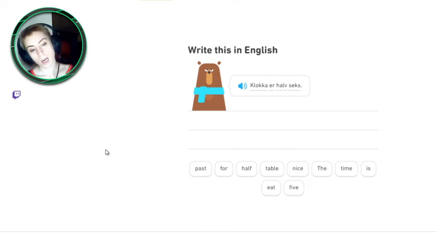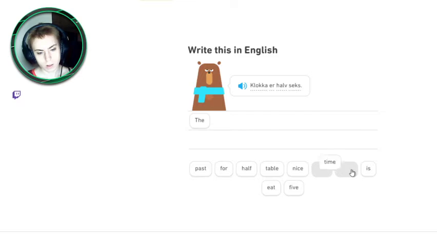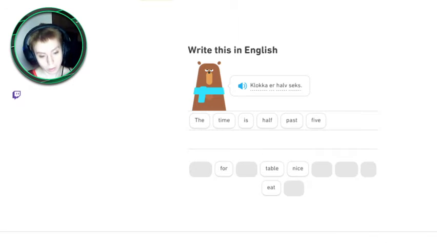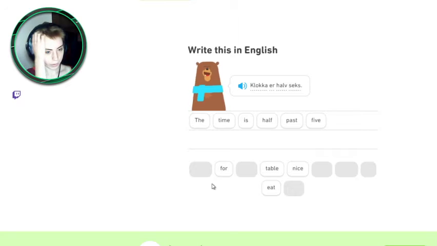Klokka er 5:30, Klocka är 5:30. The time is half 6, or 5:30. Half past 5. Right. Halv sex. Kind of sounds like have sex, but halv sex. Klocka är 5:30.